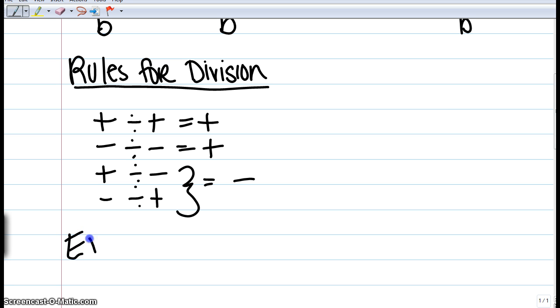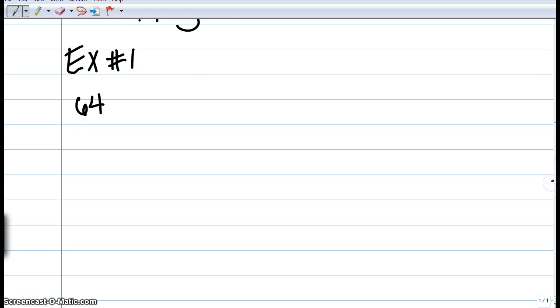Example number 1, we have 64 divided by negative 4 divided by negative 2.